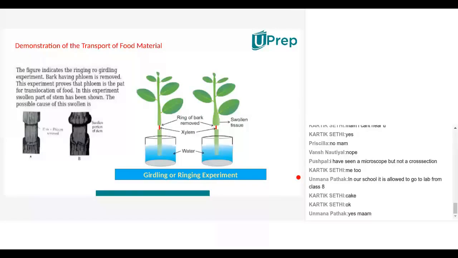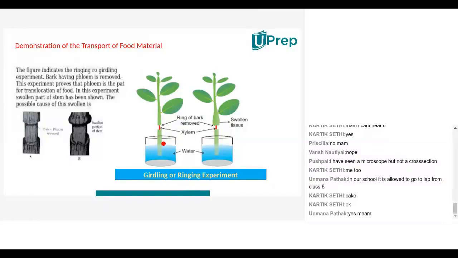Here, what we are discussing is, take two plants, or maybe just take one plant, right? In this plant, you just cut off the outer portion of the stem, not the inner portion. Just cut off the outer portion of the stem in a circle and leave the inner core of the stem as is and put it in water. I will give you two versions of this.